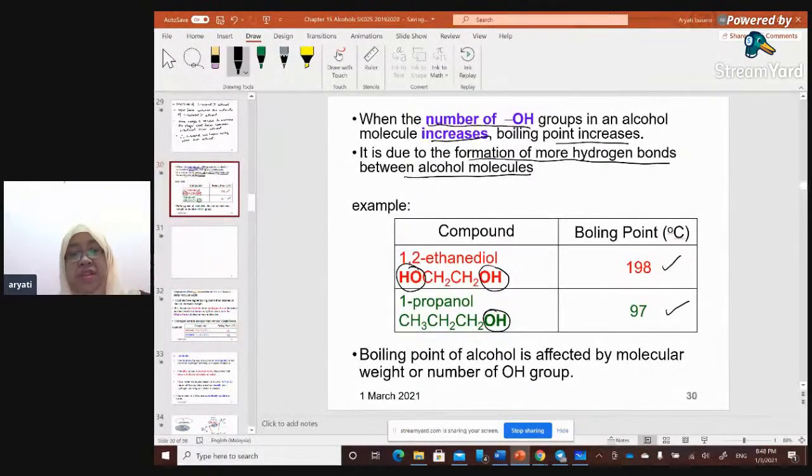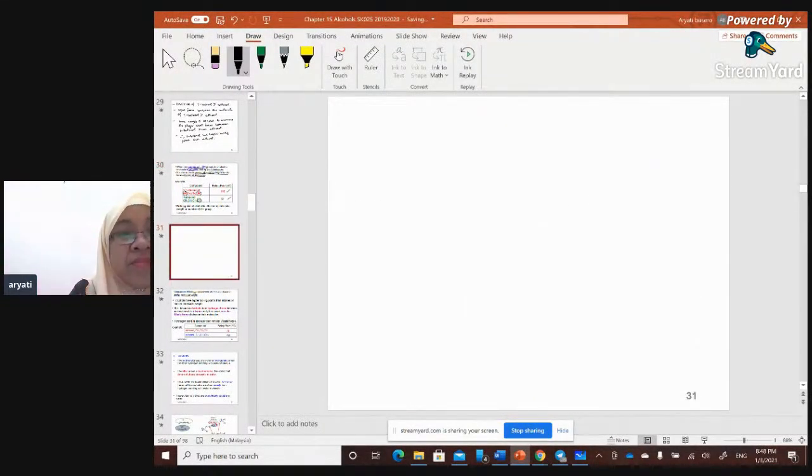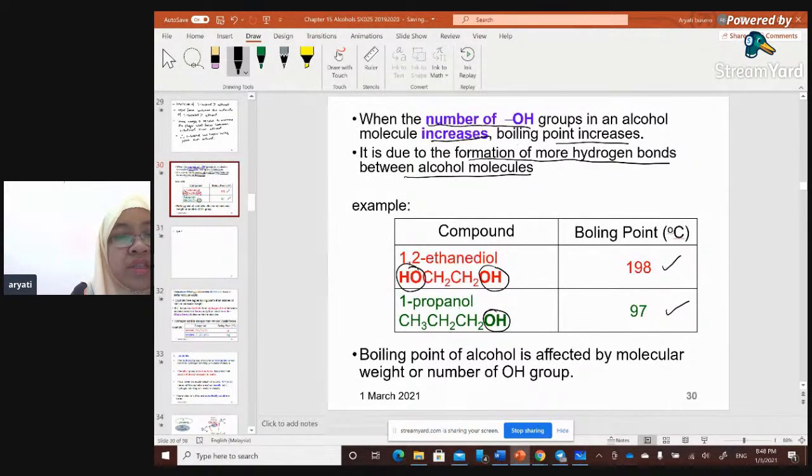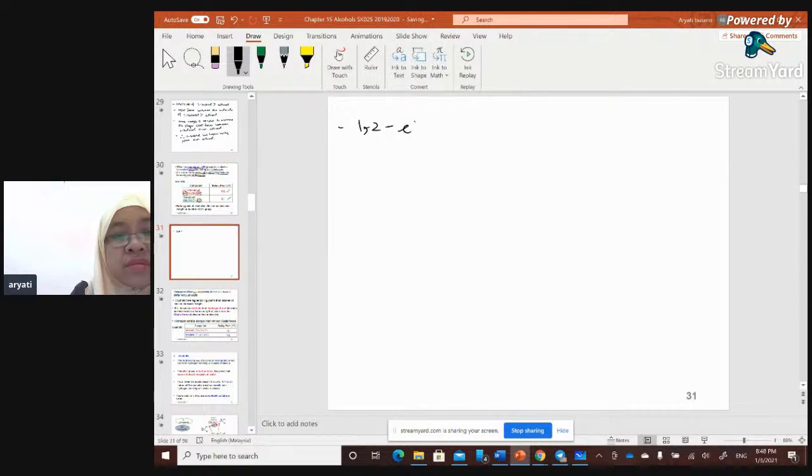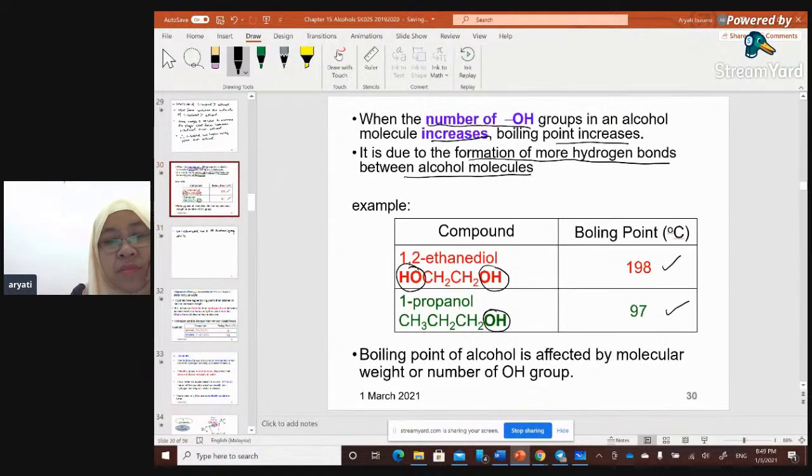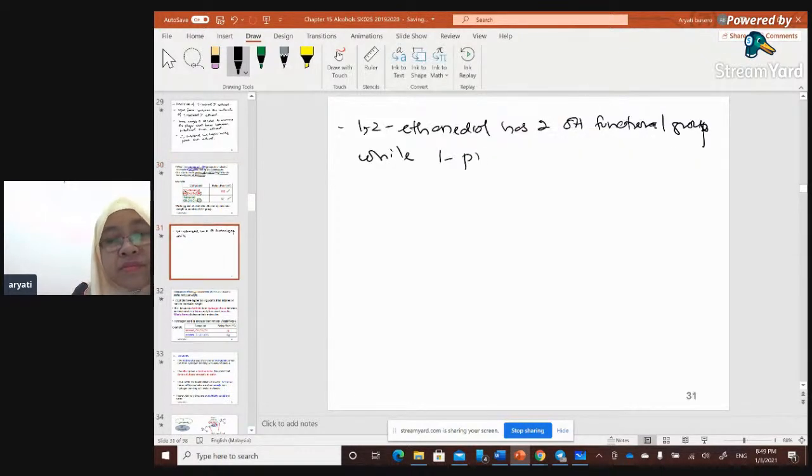The explanation for this stage: 1,2-ethanediol has 2 OH functional groups, while 1-propanol has only 1 OH functional group.